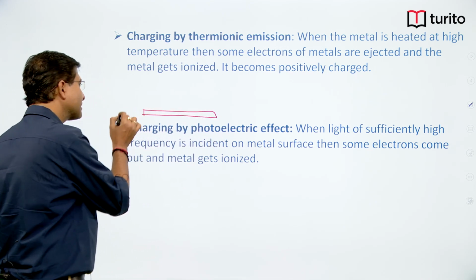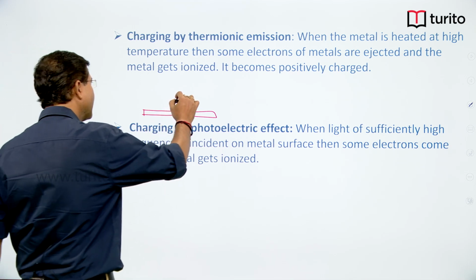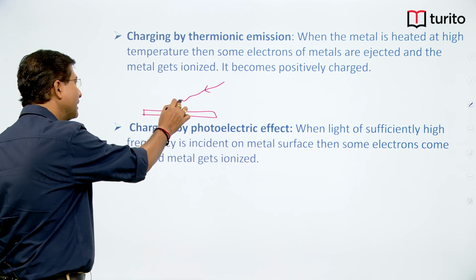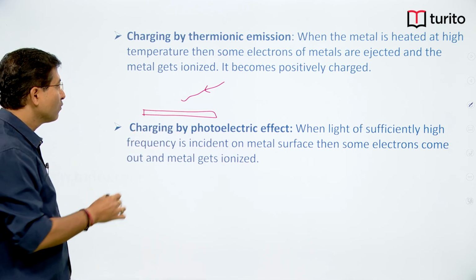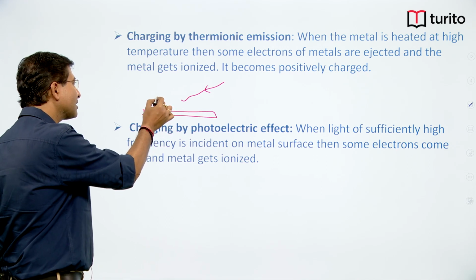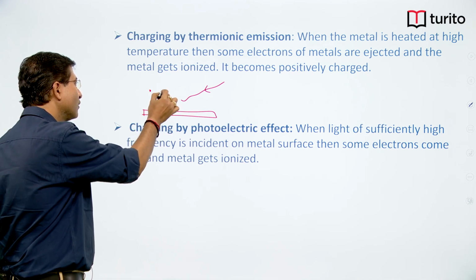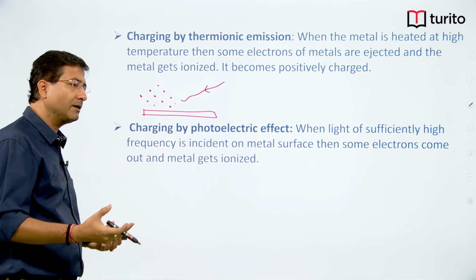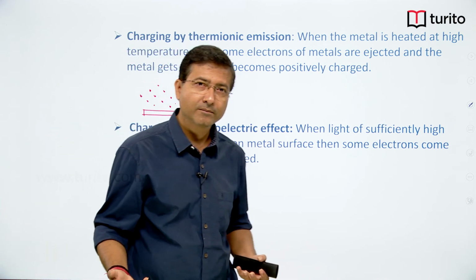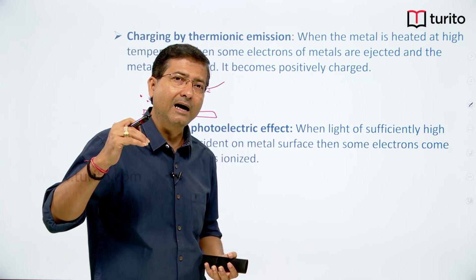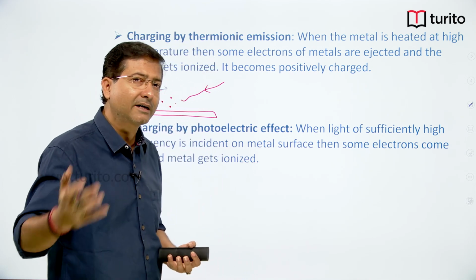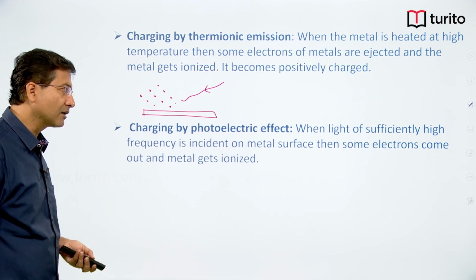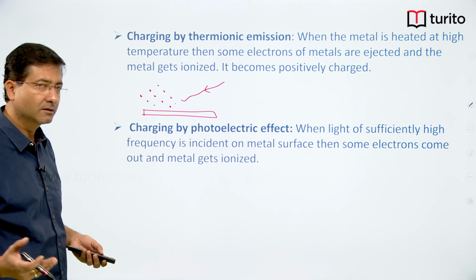When a metallic substance is exposed to light or radiation of frequency larger than a critical value, electrons start coming out from that metallic substance. This is called the photoelectric effect. So by this way we can charge the body.